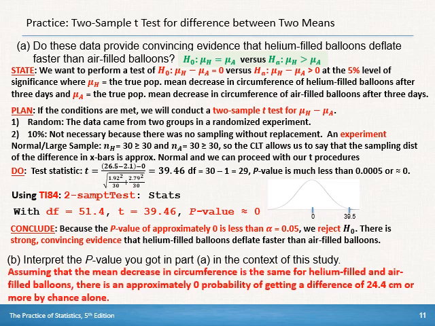All right, so assuming that the null hypothesis is true and that there really is no difference in the mean decreasing circumferences, since the decrease is the same for helium-filled balloons and air-filled balloons, then there would be about a 0, very small, approximately 0 probability of getting results as different as what we found, which was a 24.4 centimeter circumference difference in the two means, just by chance alone.